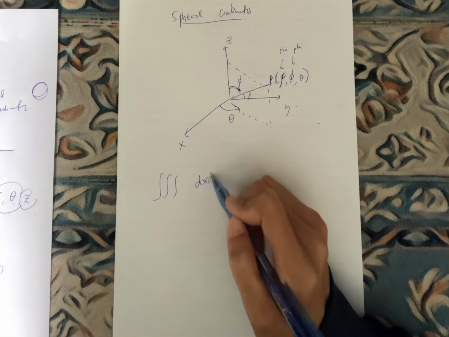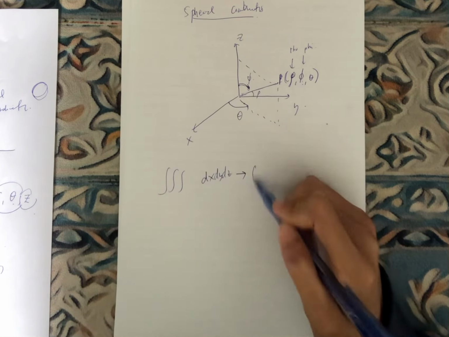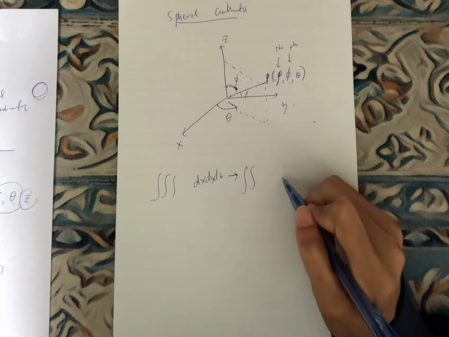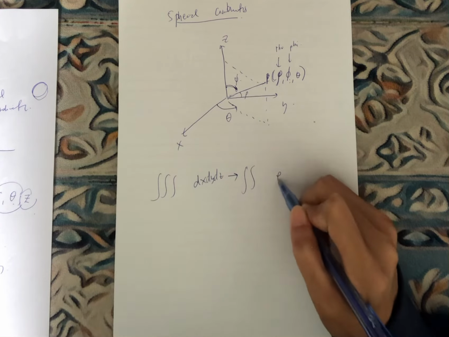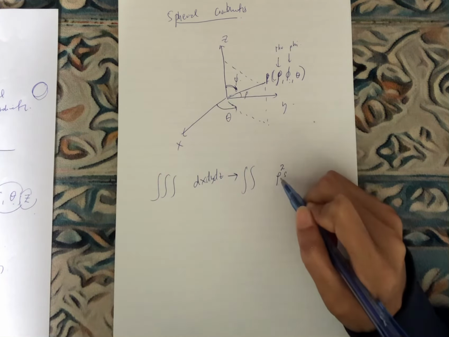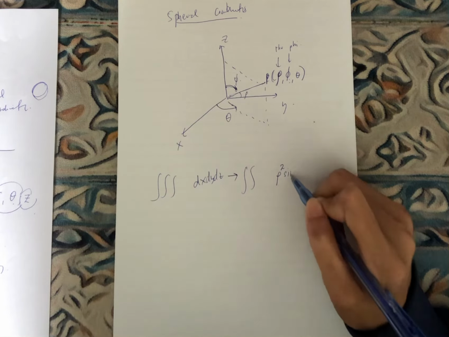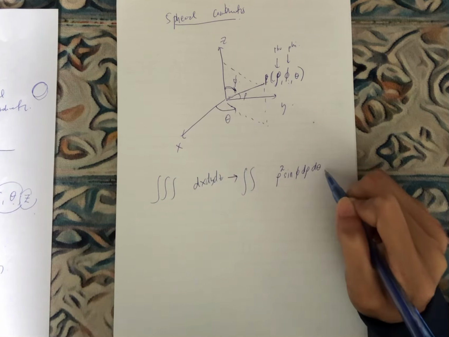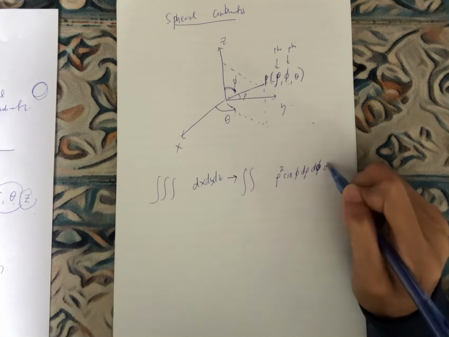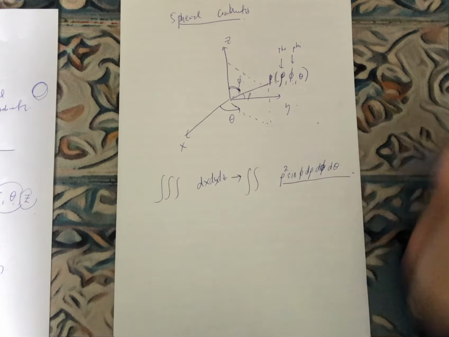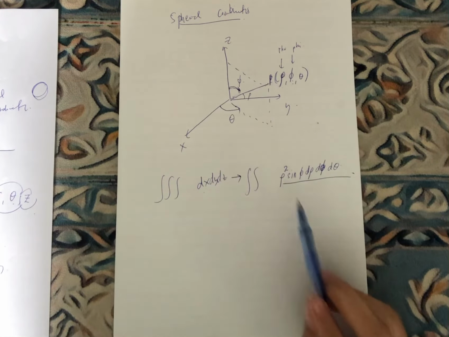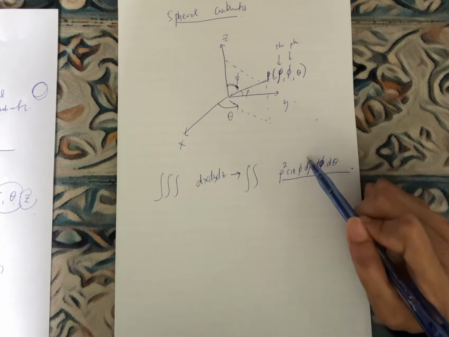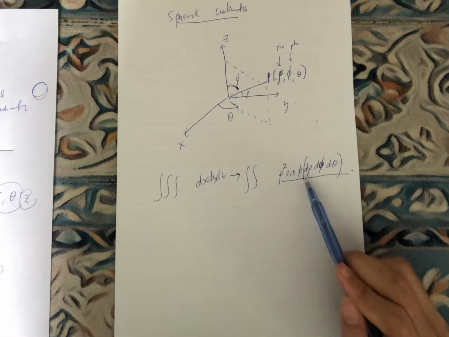Let's say we have dx, dy, dz. You will change it to rho square sin phi, d rho, d phi, d theta. And you can just swap the order.